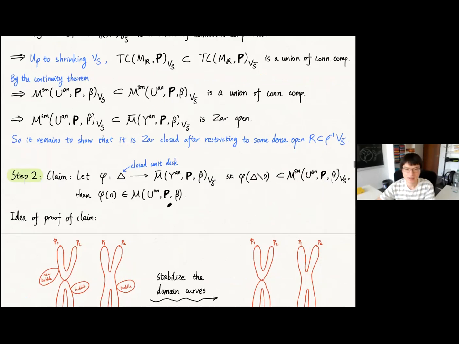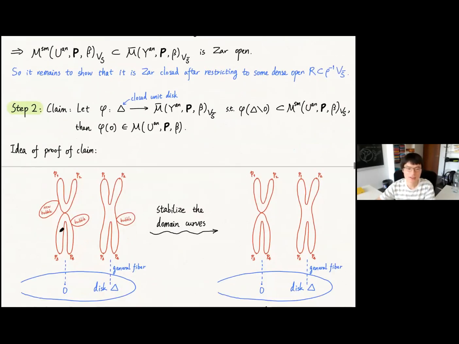So we consider a family of stable maps parameterized by a closed unit disk. The fibers outside 0 are very nice.